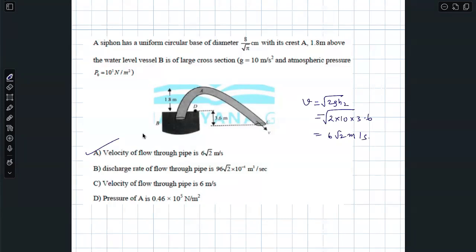So option A is correct. If the cross section is given, rate of flow is A V. Area of cross section pi r square, 8 square by pi into 10 power minus 4 into 6 root 2. 64, 6.